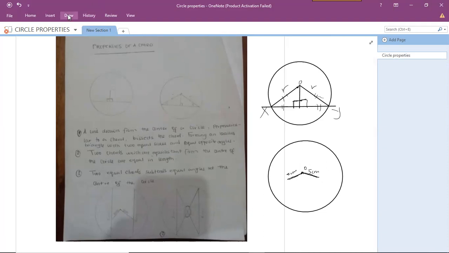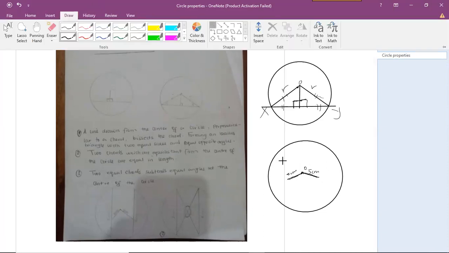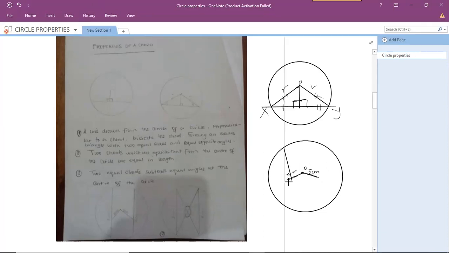And if I decide to draw a chord from there to there, the same distance, 5 centimeters, and also from there to there, same distance, 5 centimeters, and let's say this chord is AB and this chord is XY.